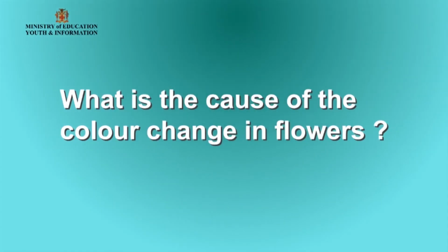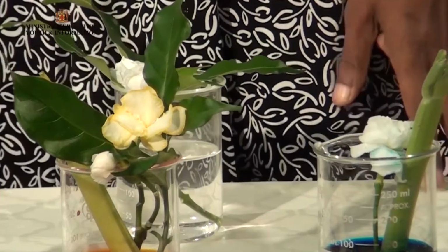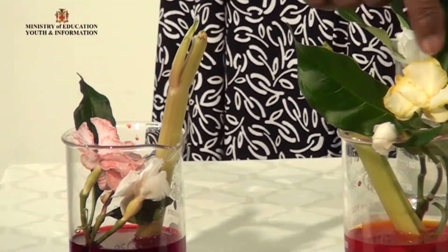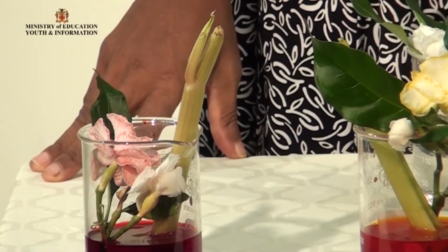Now, let's ask this question. How were we able to change the color of the flower from white to pink, yellow, and blue? How did that happen? Did I sprinkle some red coloring on top of the flower? What do you think happened?